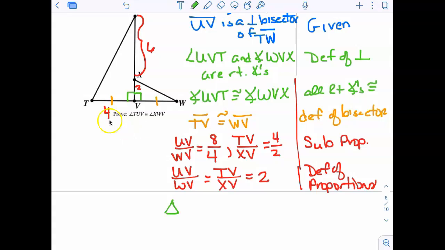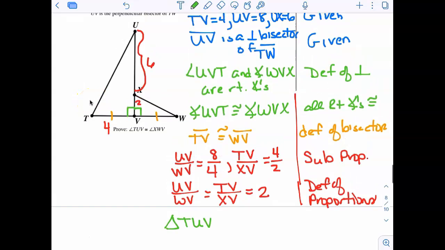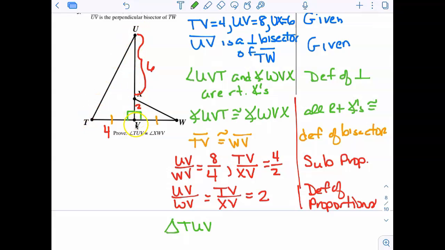So triangle TUV would be similar to triangle XWV, and that would be by side-angle-side similarity.